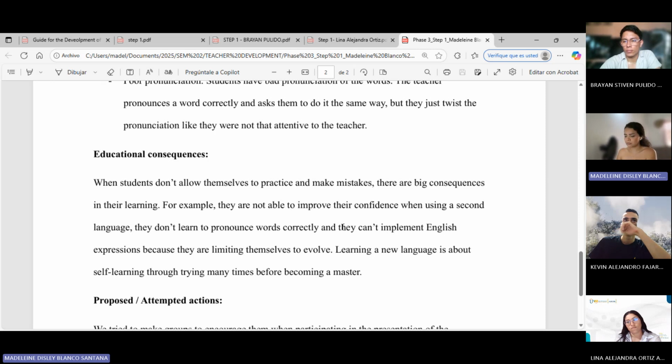And I have identified one of the similarities with the other contexts, even though we have two different contexts, rural and urban areas.